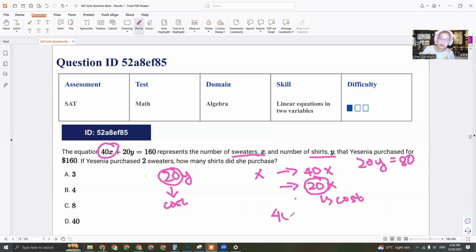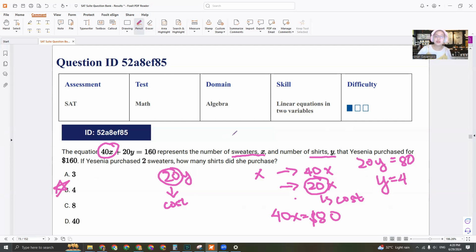So 40x is basically telling us that Yesenia purchased $80 for the sweaters. So meaning 1 shirt costs $20. So meaning Yesenia purchased 4 shirts.